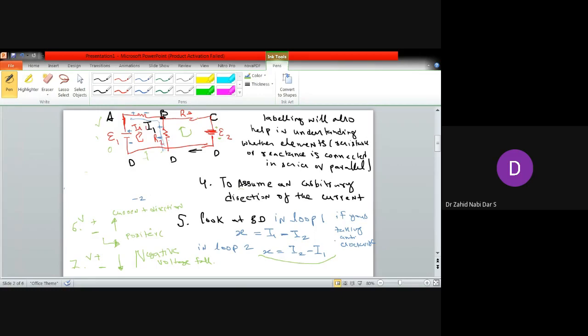So for loop 2, you have to take this direction of current. The direction of current is always from plus to minus. Whatever this direction of the current is, that will be reflected in resistance. This will become plus to minus.